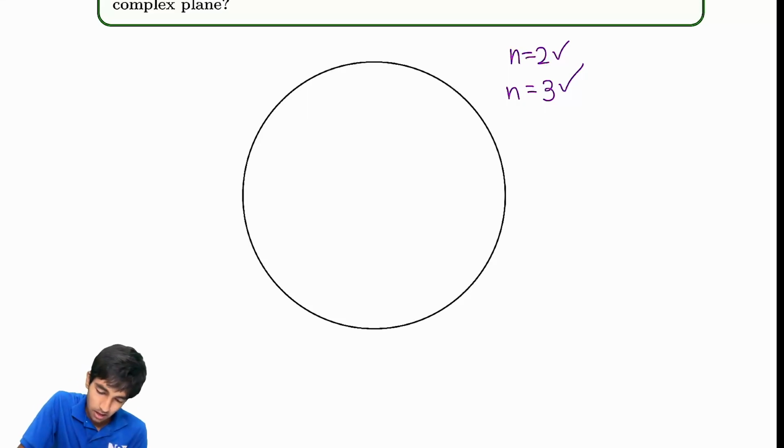So let's just try it. Like earlier, let's fix one point to be here. And let's say maybe we put a point here. So now it's not going to form a square.